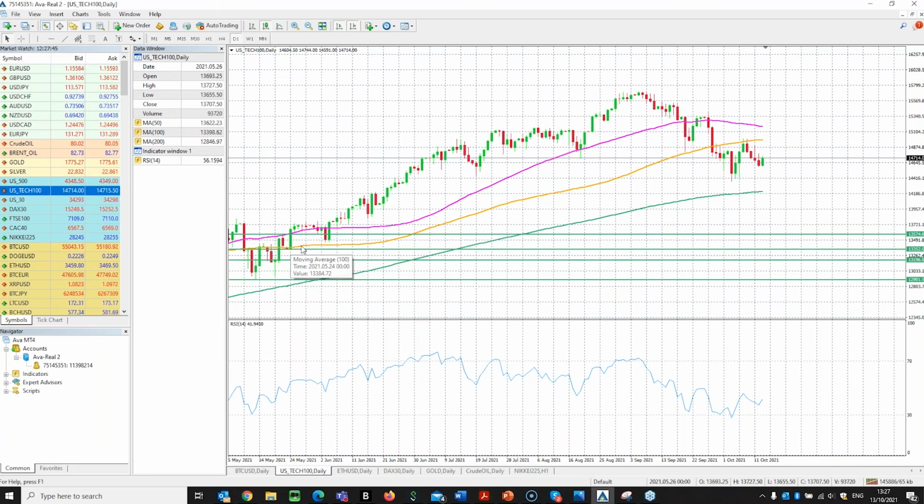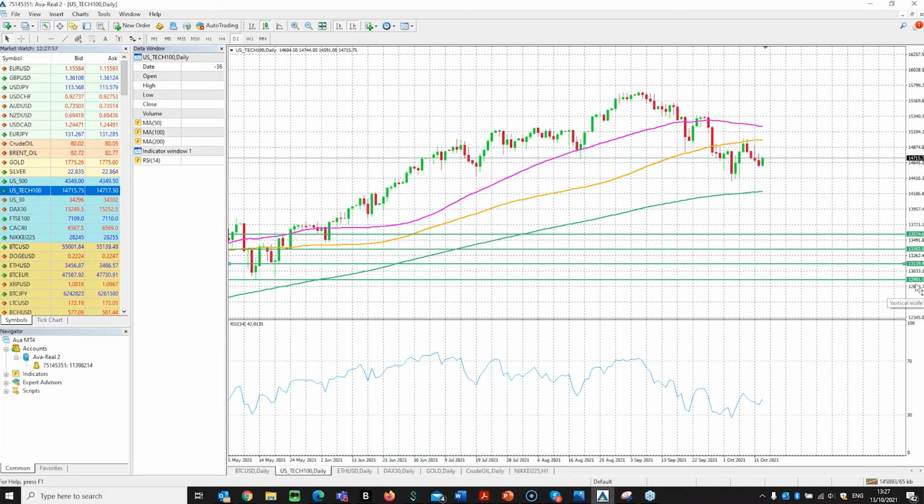So this is your support area number one, which runs from 13,352 to 13,574. And then you have another support area, which is just around that 12,900 to 13,139. So these are the two support areas that we'll be focused on.